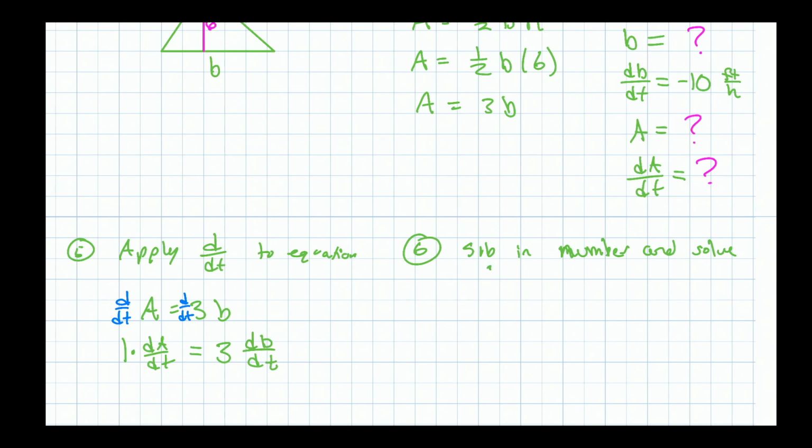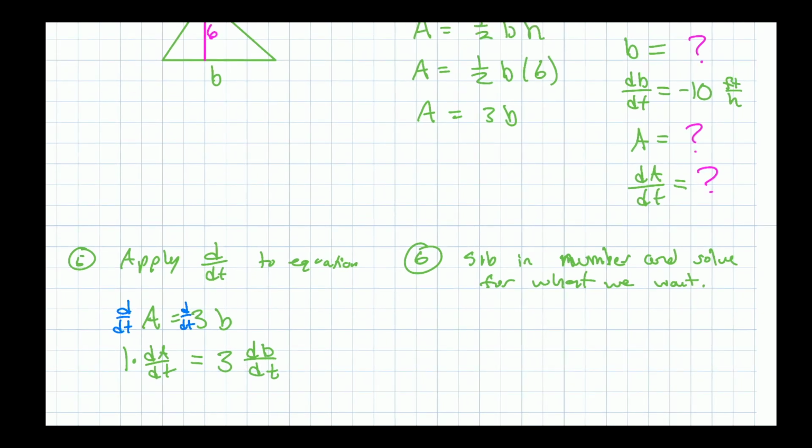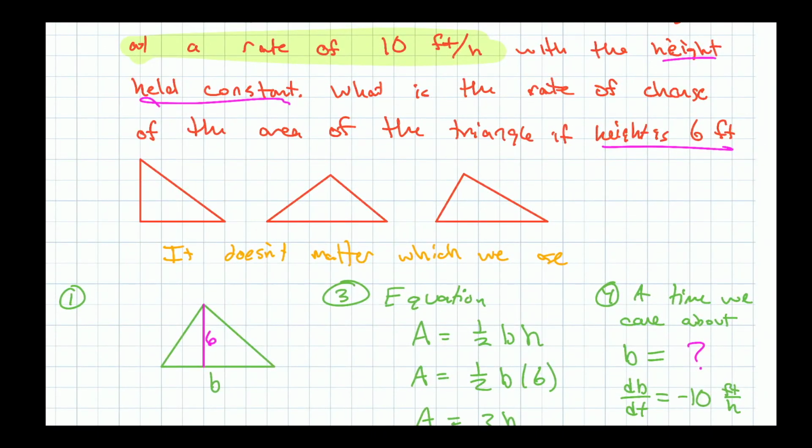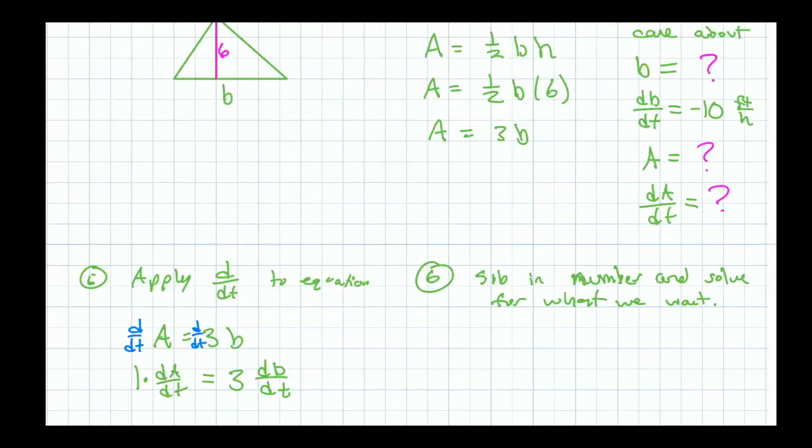So what do we want? What were we looking for actually? I think we know. They told us what we're looking for. What is the rate of change of the area of the triangle? So they want this. This is the one we want. Okay.